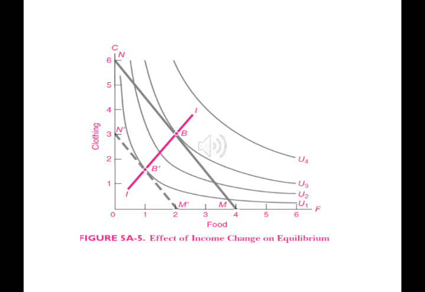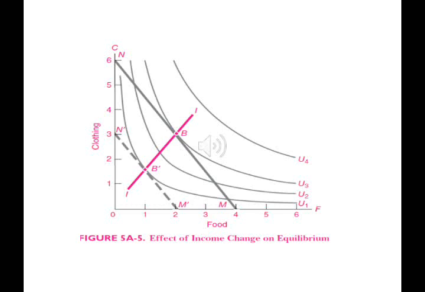What will happen to the budget line? Actually, the budget line will shift in a parallel fashion, inwards. Why? Because if we want to get the horizontal intercept and the vertical intercept, we'll find that the denominator is the same, because in the denominator of both intercepts we have the prices of food and clothes, which haven't changed.